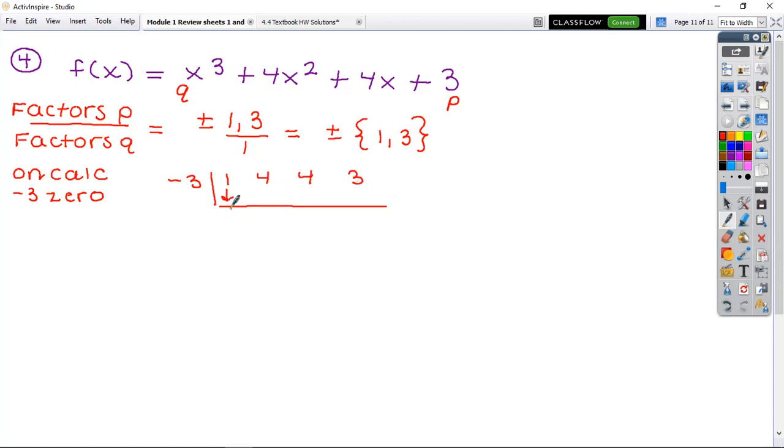That comes straight down. -3, 1, -3, 1, -3, 0. Again, these are supposed to work. At this point, I have f of x equal to, now I flip it, x plus 3, and then what results is x squared plus x plus 1.